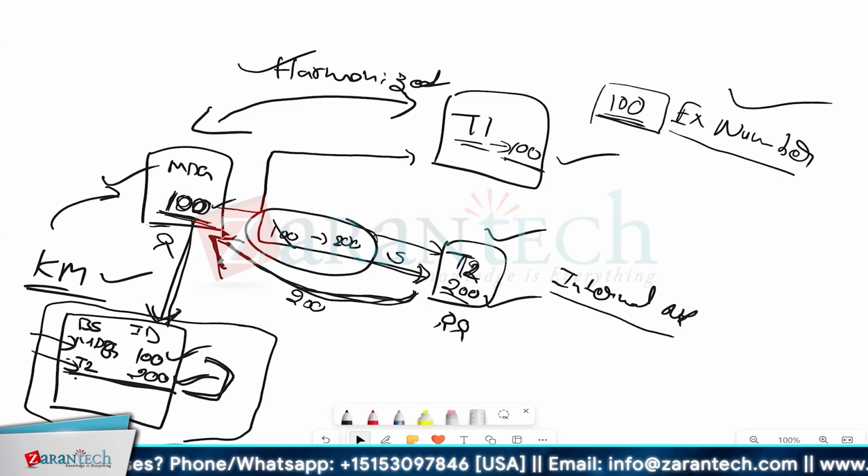If the response fails, you never see this T2 target system entry in the key mapping table. Then what happens after that? If someone modifies this material, because no entry is found in this table, the system will keep the same value and send it with the same 100. But in the T2 target system, there is no 100 material, so it will try to create a new material, 201.